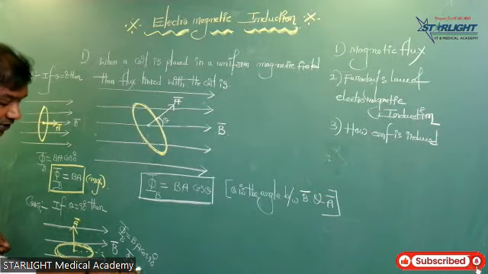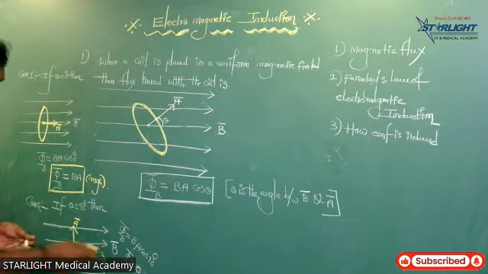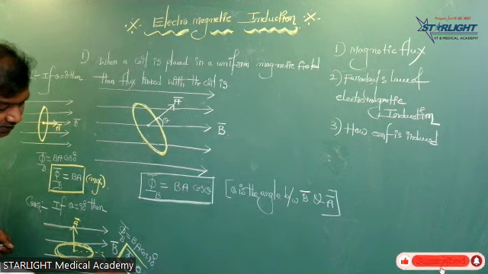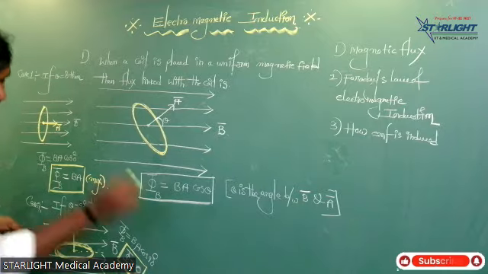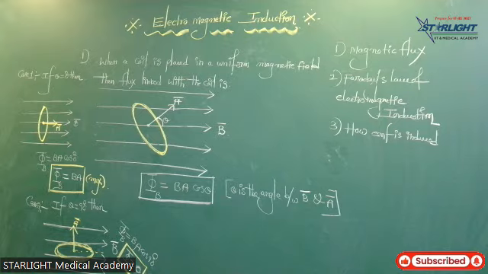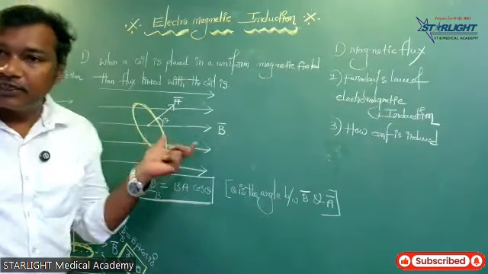So flux 0. No lines of flux. Flux 0 in this situation. Minimum. So this is the minimum flux. Maximum, minimum. Okay. What is the next case?